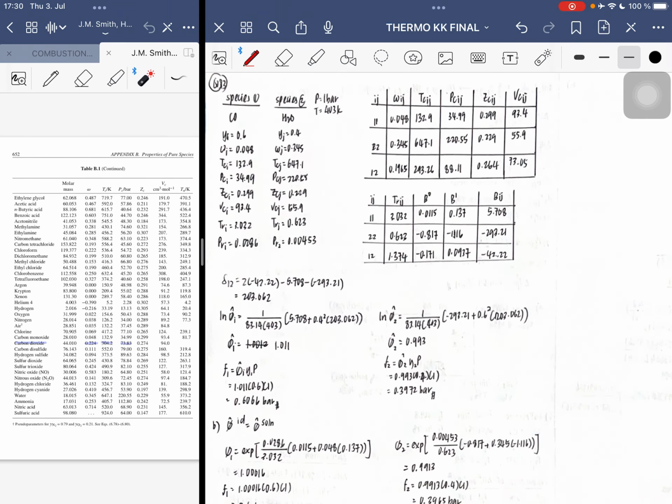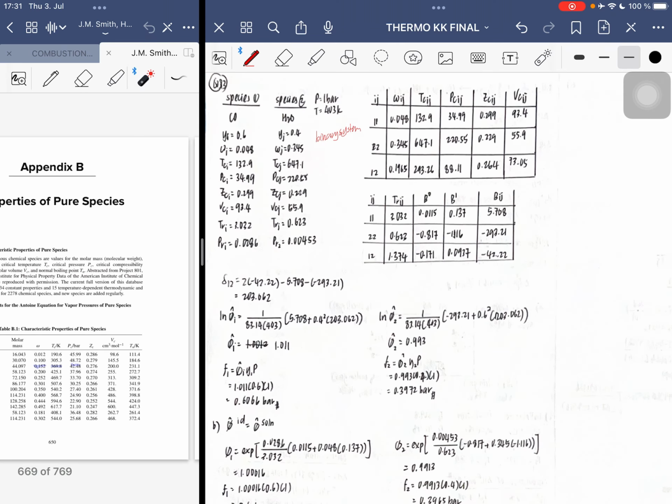For fugacity, if there's only one species, the working will be quite direct. But since this is a binary system, meaning there are two species at once in one stream, you have to find the combined properties.